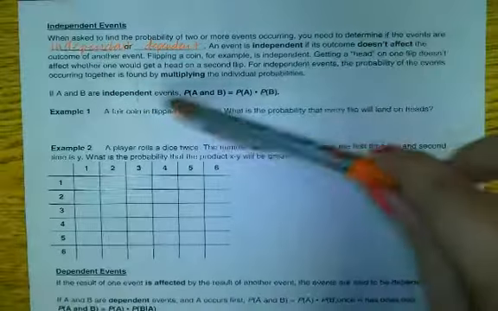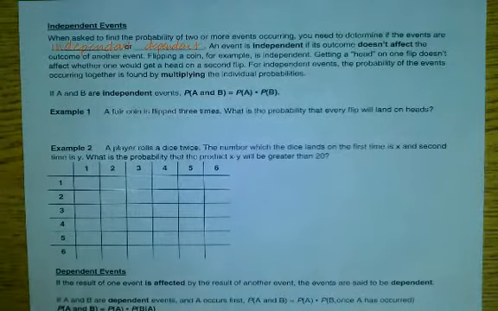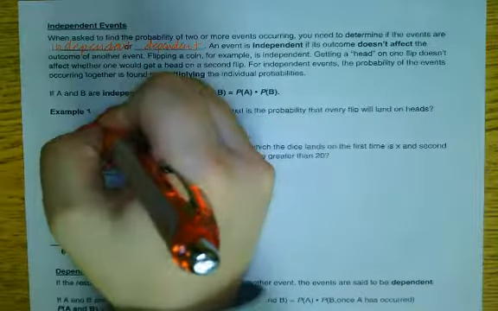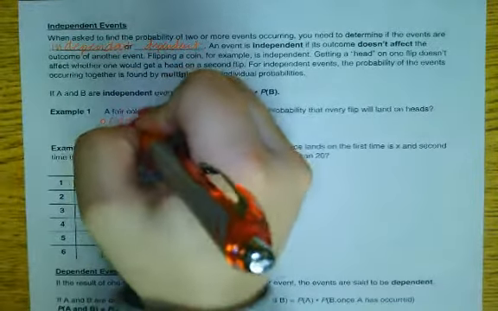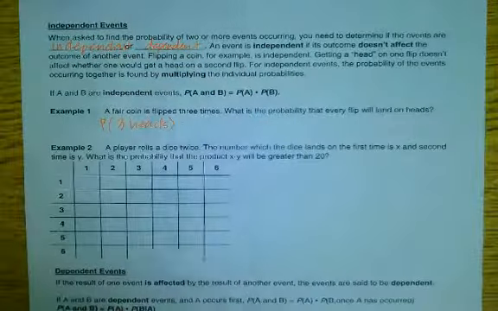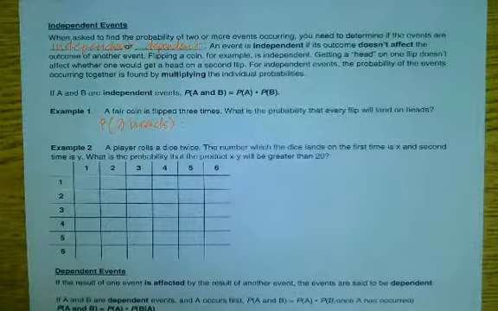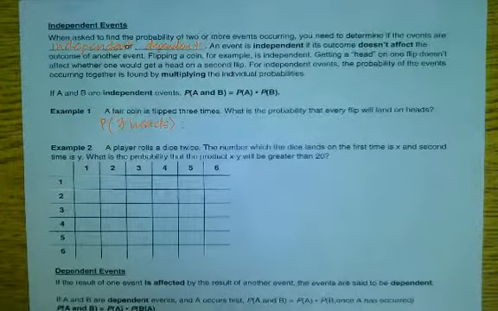Okay? So if a fair coin is flipped 3 times, what is the probability that every flip will land on heads? So I want the probability of 3 heads. Would you just do 0.5 times 3? Not times 3. Or 0.5 times 0.5 times 0.5? Very good.